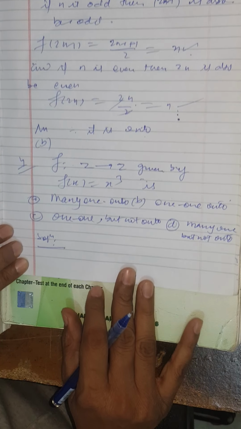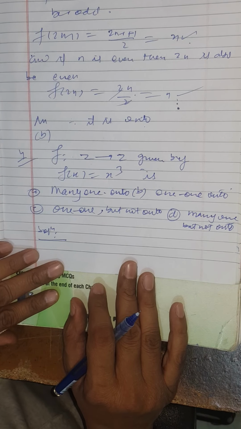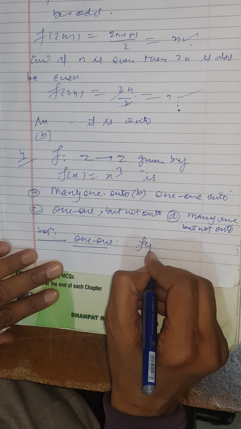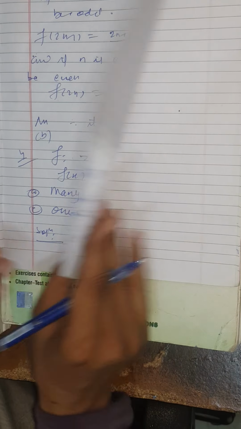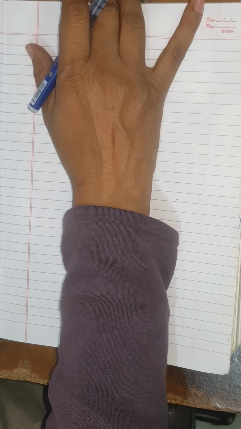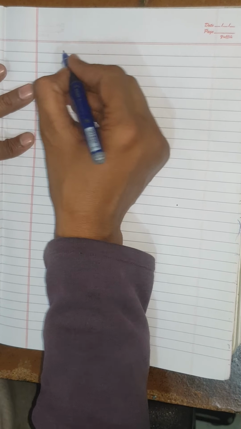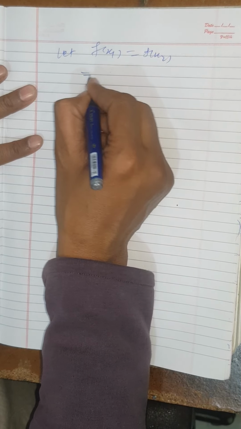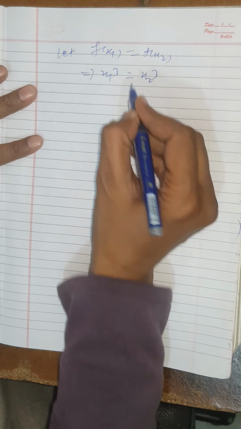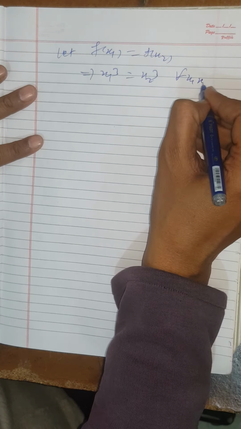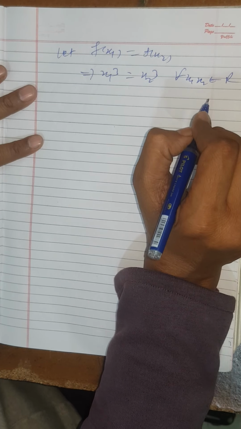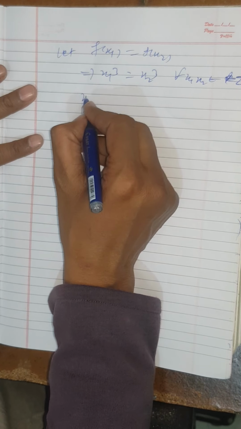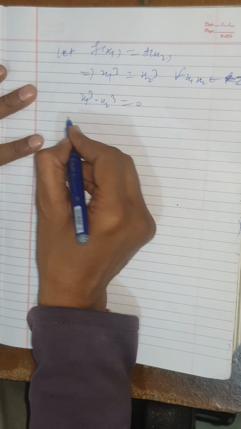Solution. First of all, we have to check for one-one. f(x) = x cubed. Let us consider f(x1) = f(x2), therefore x1 cubed equals x2 cubed, using the definition, for all x1, x2 belonging to Z. Now x1 cubed minus x2 cubed is equal to 0.